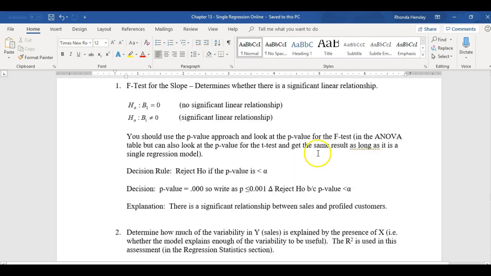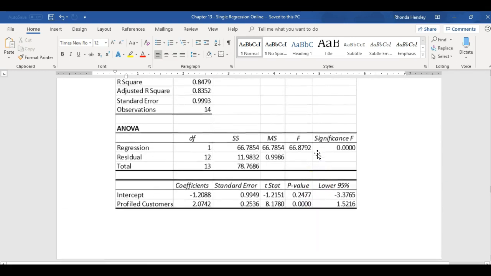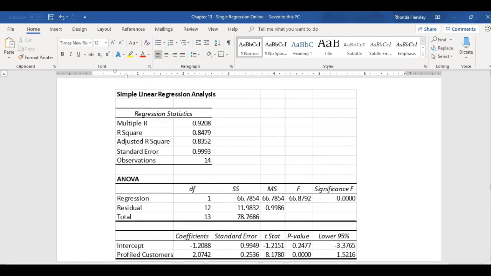The regression equation itself is up in our regression output, in the coefficients table, and these two numbers. The one that says intercept, this is just a formula for a straight line. So the y-intercept is negative 1.2088, and the profiled customers, this is my x, I'm sorry, my slope that goes with my x is 2.0742.